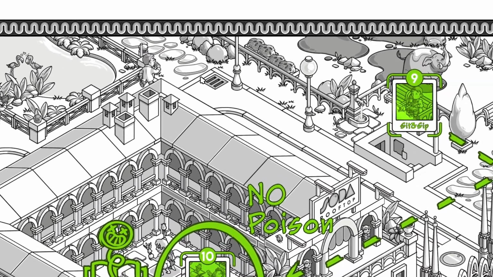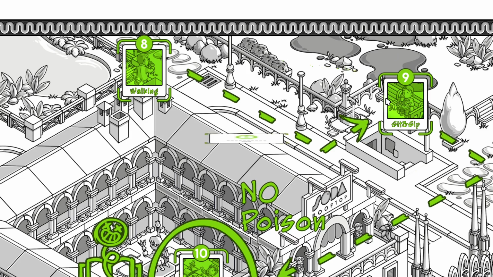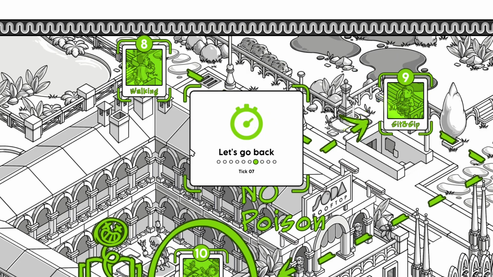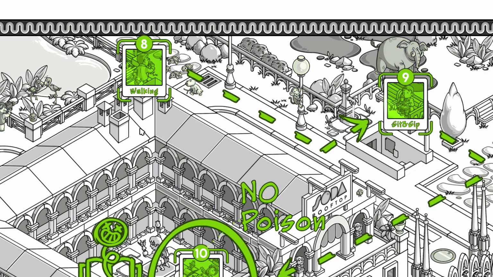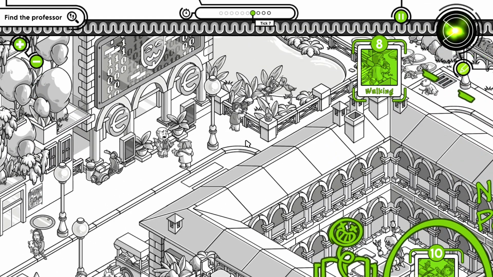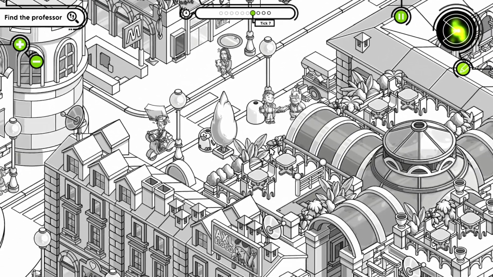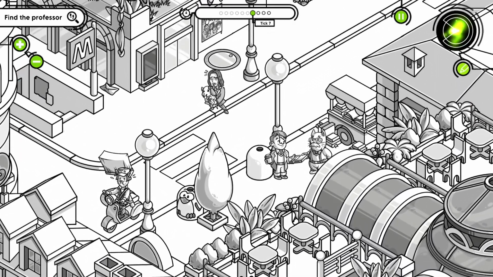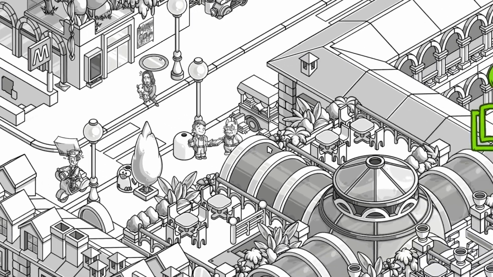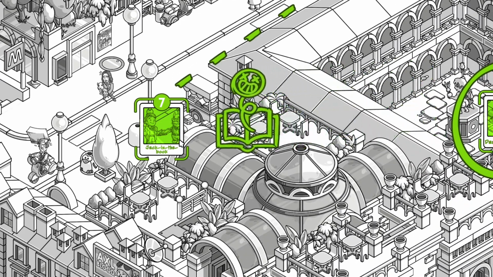There he is again. Walking. So we went from here backwards a tick. Okay. Oh, so he got the book. So we got the book from this guy, Jack in the Book.